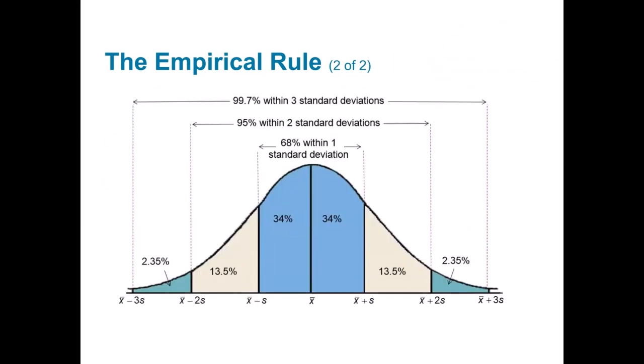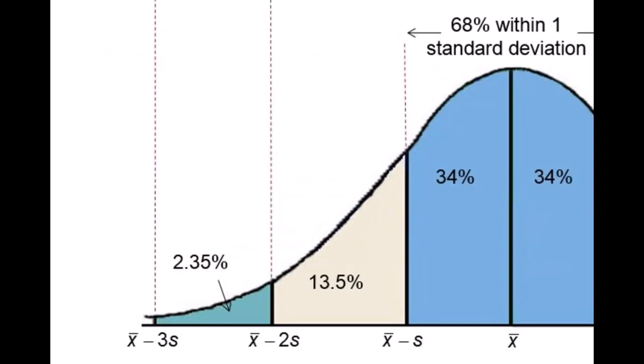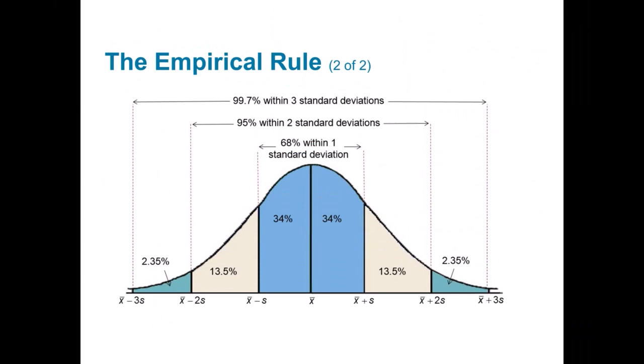So kind of pictorially, because I know I'm a picture person and some of you probably are too, this is the empirical rule in pictures. So same idea. Here's x bar minus 3s, x bar minus 2s, etc. Minus 3, minus 2, minus 1 here, these are your z-scores.